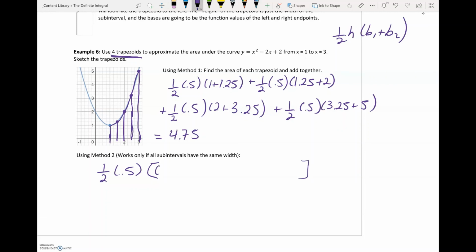So for example, you'd have 1 plus 1.25 plus 1.25 plus 2 plus 2 plus 3.25 plus 3.25 plus 5. So basically you can just factor out the half and the 0.5, and then just focus each on the B1 plus B2 and you would get the same answer.